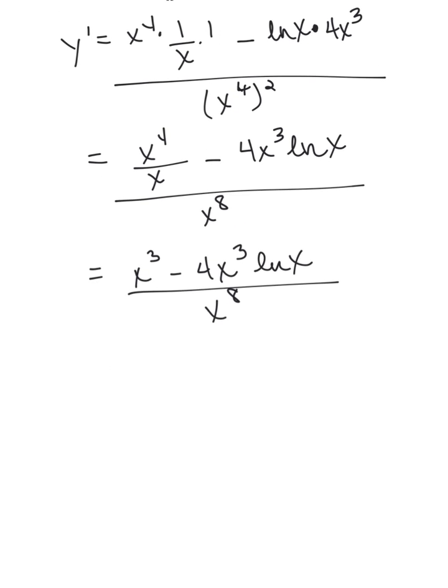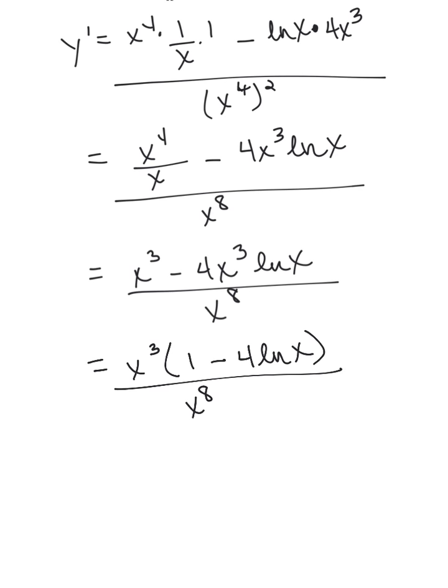I can factor out x cubed in the numerator. If I factor out x cubed, I would be left with 1 minus 4 times the natural log of x, and all that goes over x to the 8th. Now I can simplify the x cubed over x to the 8th.